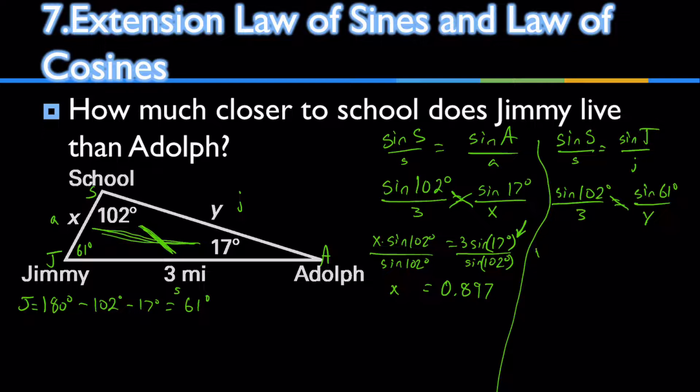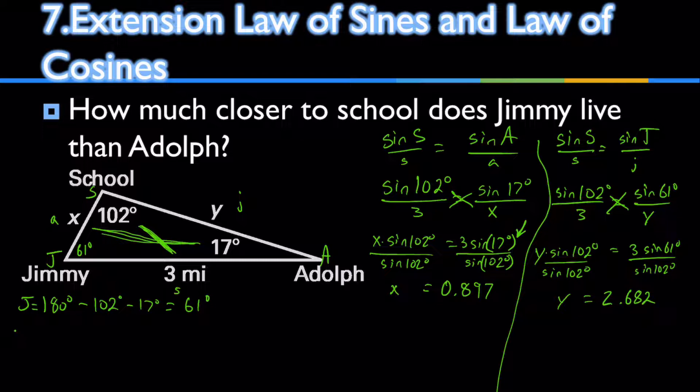Cross multiply. It's y times sine of 102, so we'll divide by sine of 102. After we put it in our calculators, we get that y is about 2.682.